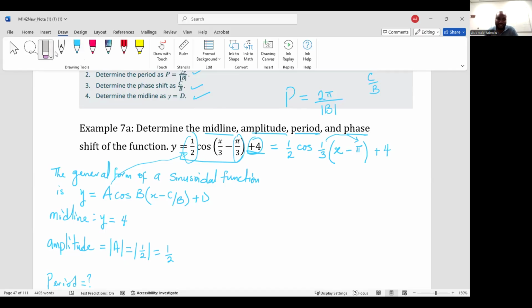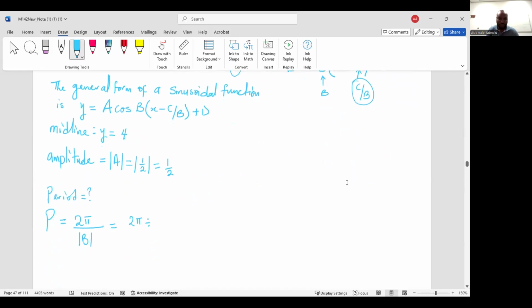All right, now, what do we have here? Now, we do have our b here. And here now is c over b. Remember, we said this guy divided by our 1/3 here. So this is now our phase shift. But what do we need?